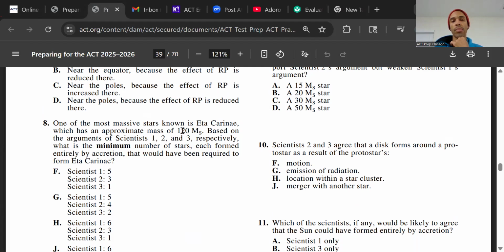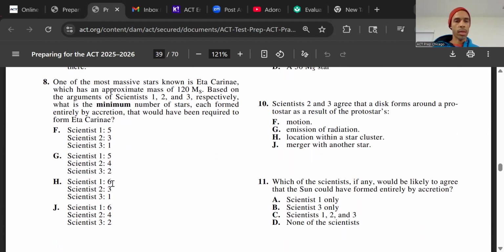It has to be 6, because if it were 5, 5 times 20 is 100. That wouldn't give you 120 solar masses. So scientist one will be 6.